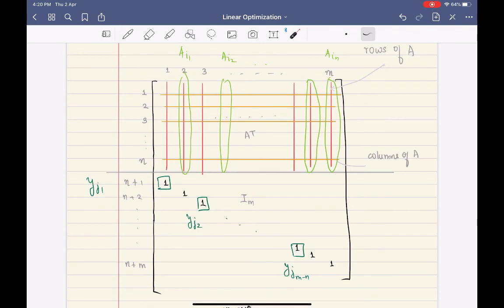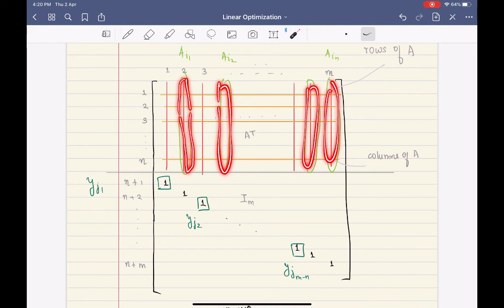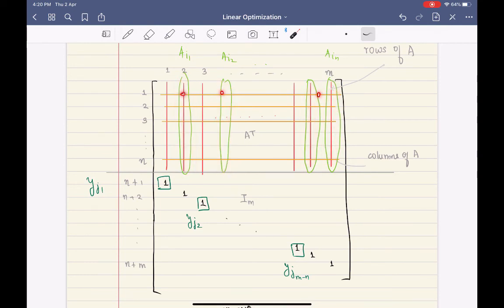If that is the case, you look at just this part, just look at the rows. See, here it is going to be 0. In no row corresponding to the j's do we have a non-zero component here. Okay, similarly for this also, in all the j rows it will be 0. So if some combination of them is giving us 0, then this combination is already giving 0 for these columns.